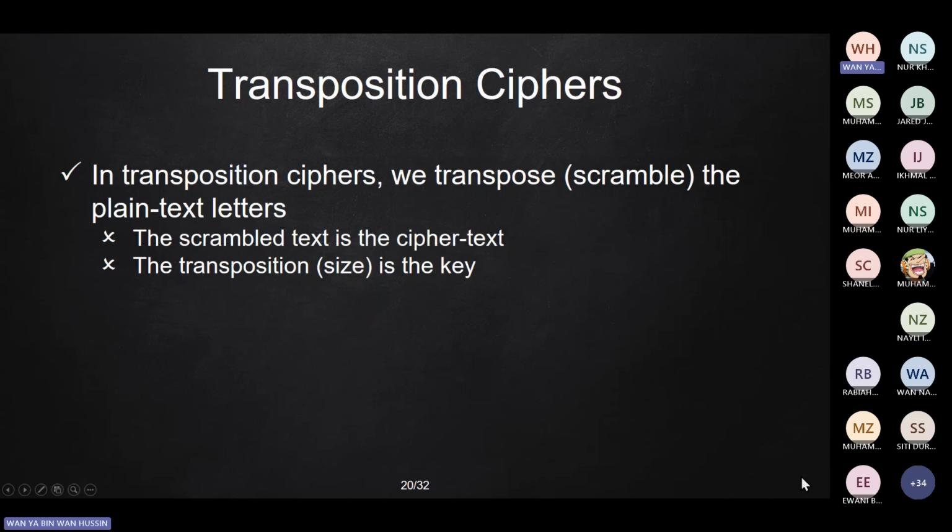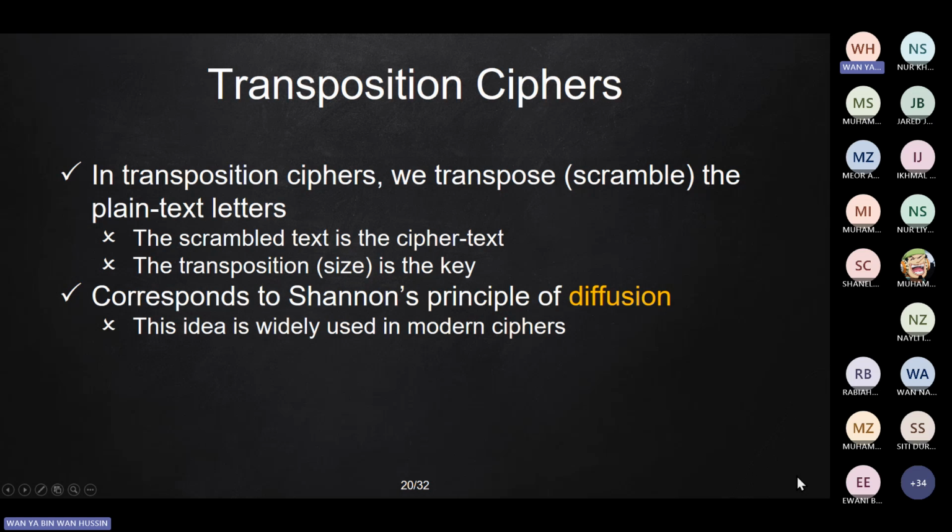This corresponds to Shannon's principle of diffusion. Transposition cipher cannot be done on stream cipher. It must apply block cipher because you need to have one whole block, so that you can change the position of the alphabets.